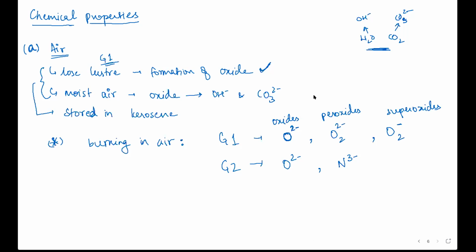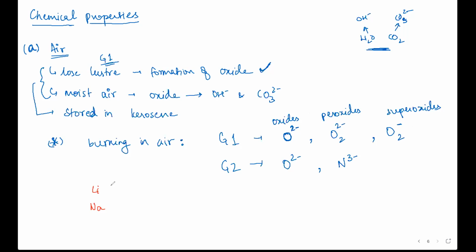Because you're burning them in air, lots of oxygen is available. So each metal is going to form the compound with the particular anion that it is stable with. Which one of these is formed, whether a particular atom prefers oxides, peroxides or superoxides, depends on the size. So we have lithium, sodium.